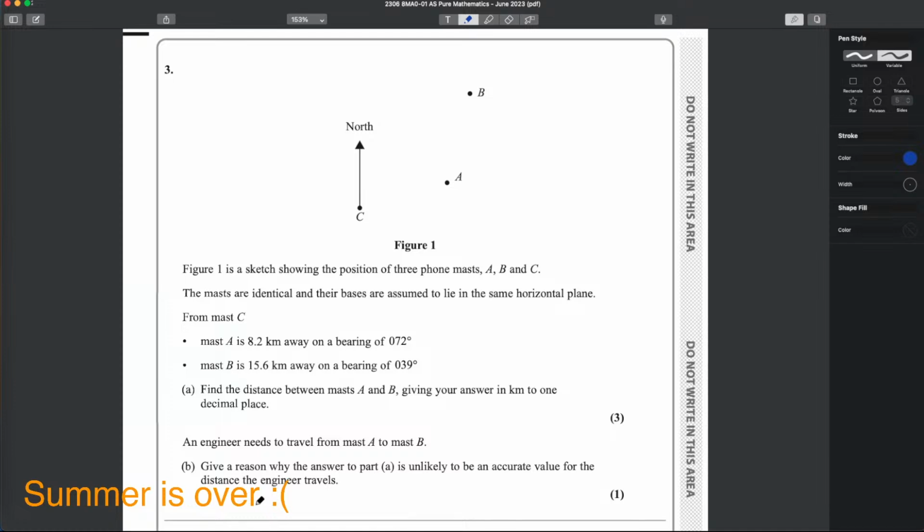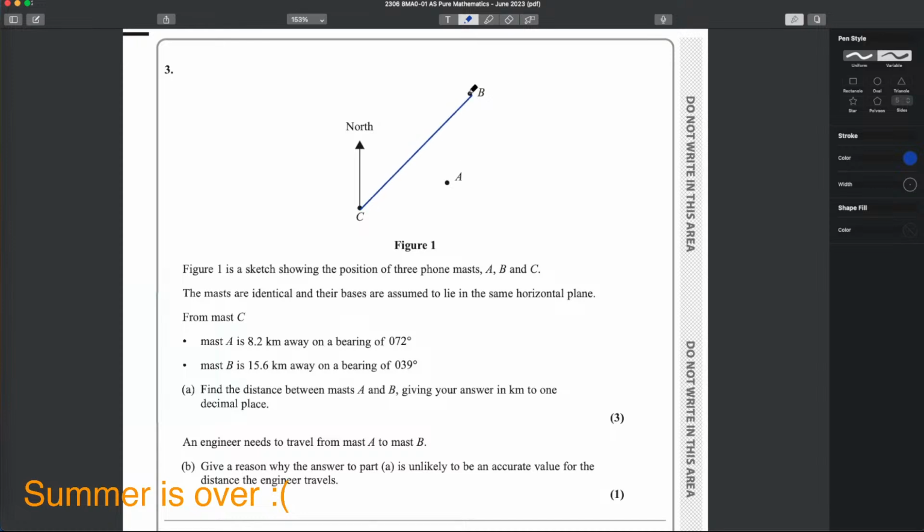From mast C, mast A is 8.2 kilometers away and a bearing of 72 degrees. Mast B is 15.6 kilometers away and a bearing of 39 degrees from C. Find the distance between mast A and B. Give your answer in kilometers to one decimal place.